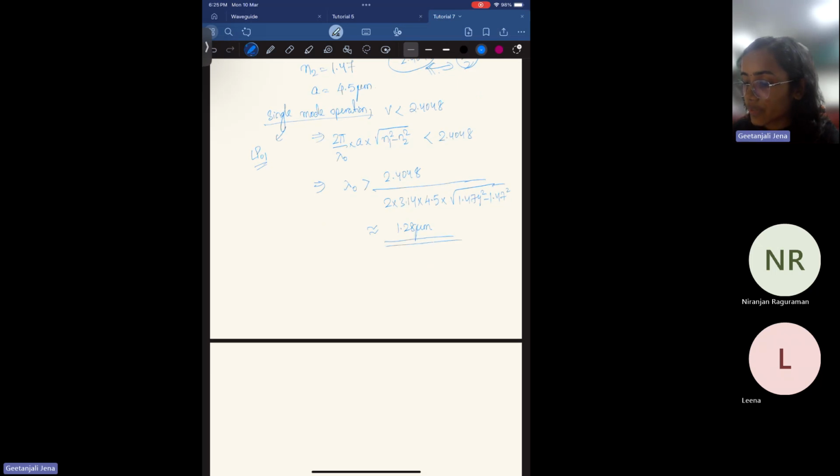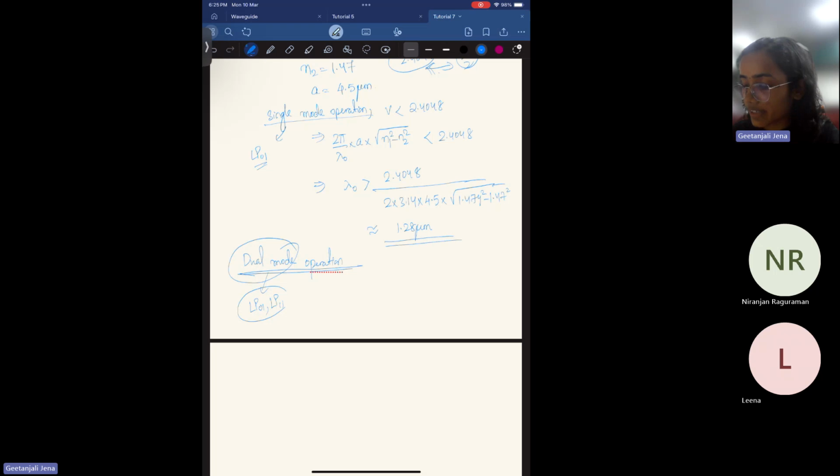And the guided mode will be LP01. So for the dual mode, what are the modes that will be guided for a step index fiber? It would be LP01 and LP11.